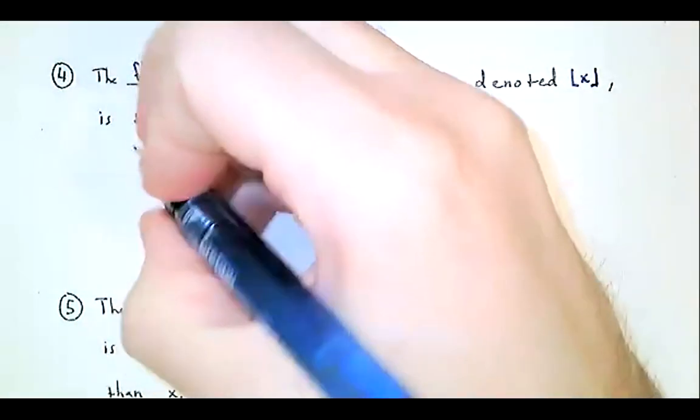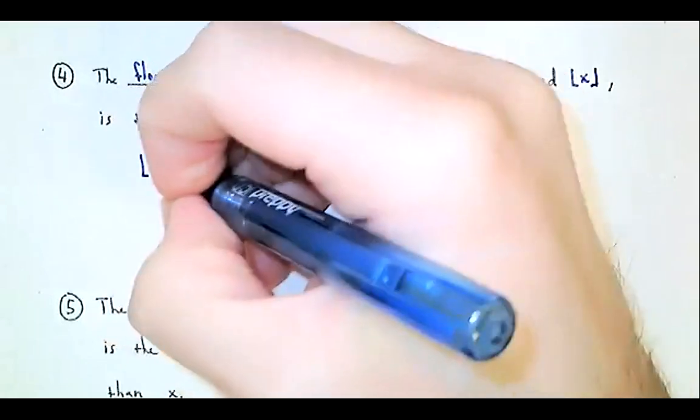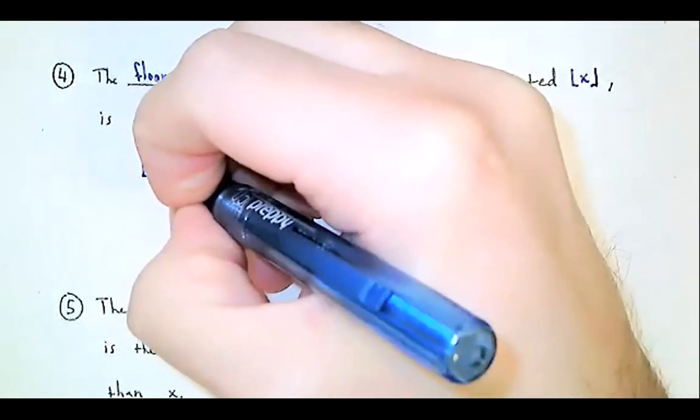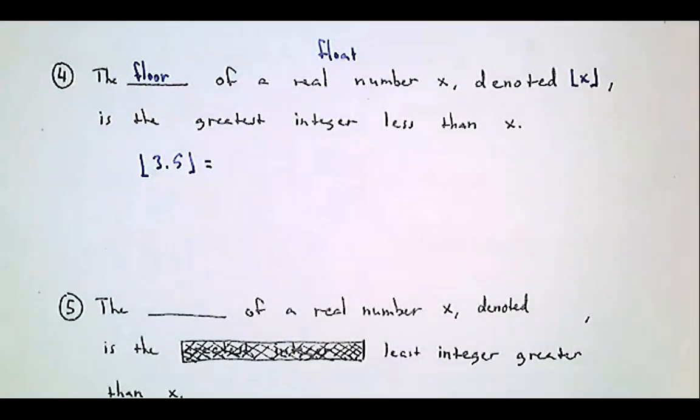So if we take the floor of, let's just pick something, 3.5, what would we get? Okay, no one's volunteering.